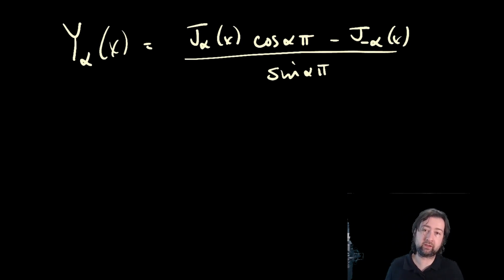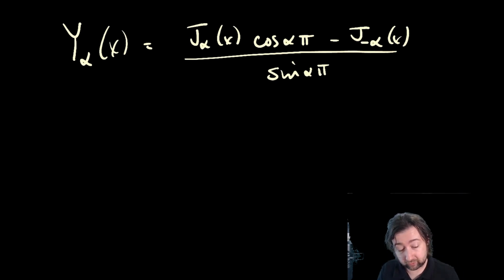The reason that we define it this way is because this will actually let us compute a second solution very easily in the case where there is an integer difference between alpha and negative alpha. Okay, so this form of the solution works when 2 alpha is not an integer.